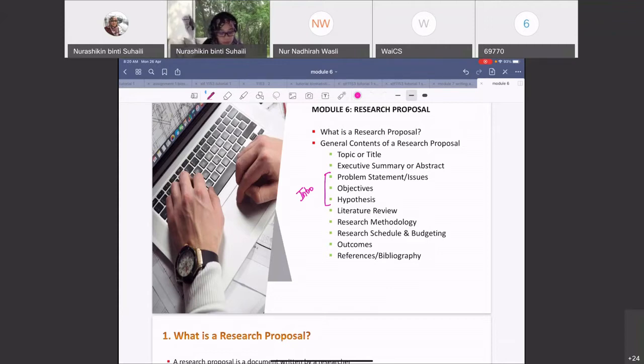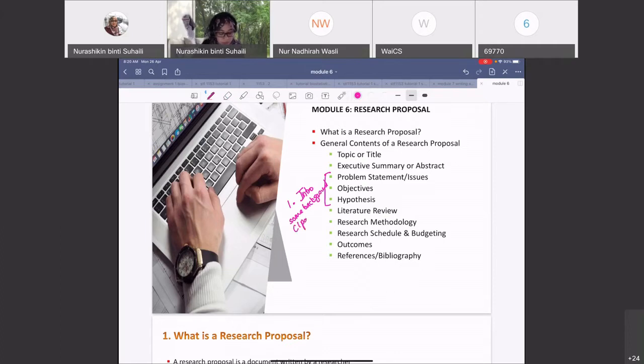So we start the proposal with the introduction, the chapter. You number the introduction chapter as chapter number 1, or 1.0 Introduction. In the introduction, before the problem statement, there should be some background to introduce what your research is all about, the field, which is normally written in one paragraph.